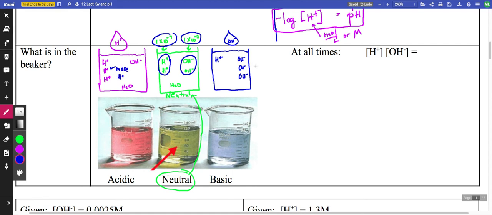And if it's basic, that means you have more OH minuses. At all times, this Kw is always going to be 1 times 10 to the negative 14. So if this number has to go up, this number has to go down.